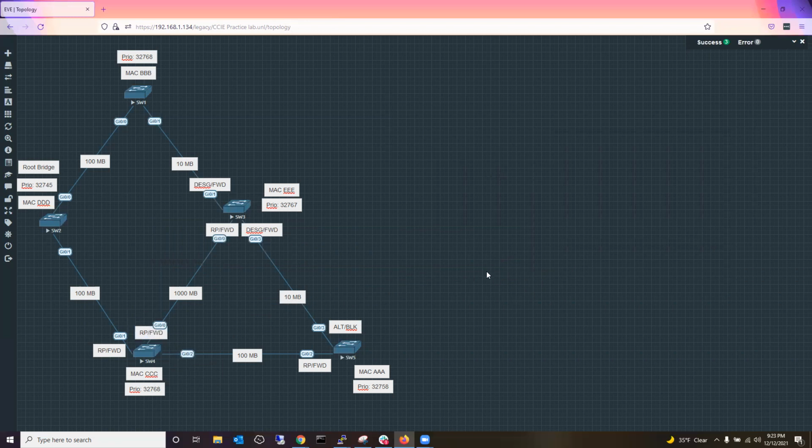Nice. Now, what about your link gigabit 0/2 towards switch 5? Okay, for this one, I was going to say blocking, but you already have that link, gig 3 going to switch 3, which is blocking, so that would be forwarding as well.